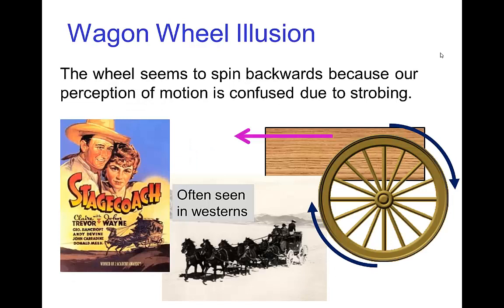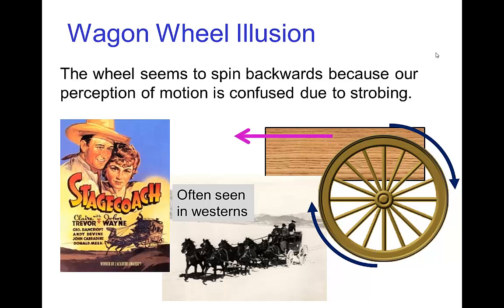Now, a similar effect occurs with the wagon wheel illusion. In the wagon wheel illusion, we see a wheel on a car, and the spinning of the wheel appears to be backwards from what we know must be the direction of the spinning, given the direction that the car or the stagecoach is traveling.